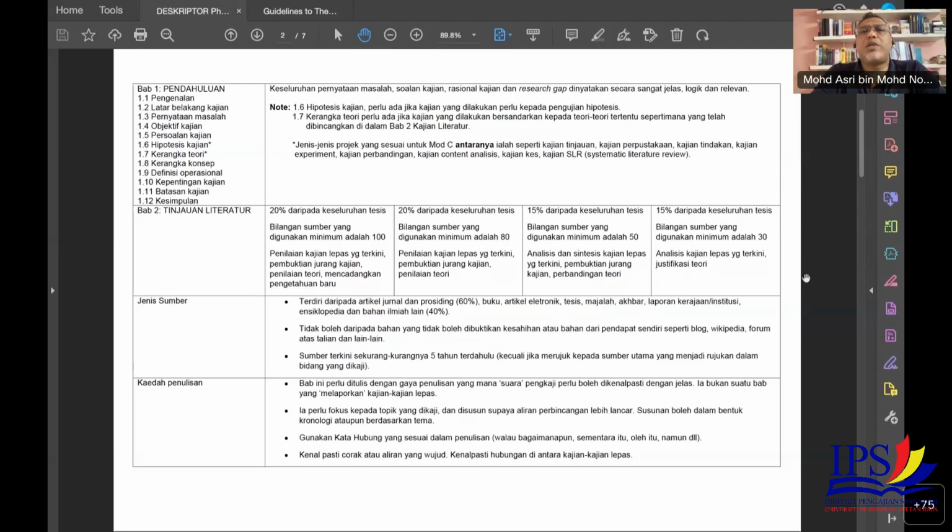If you're familiar with Google Scholar and many other electronic journal websites, you can actually look for these newer materials. Maybe later I'll show you.